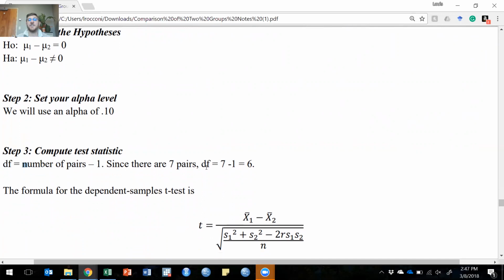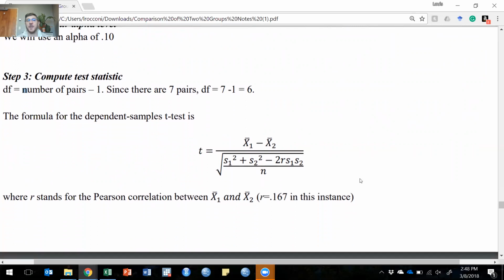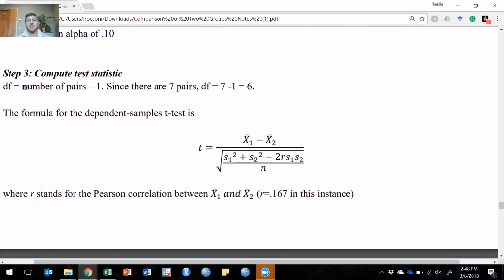You can see the formula for the dependent samples t-test, and I'll work it out by hand here in the notes. Then you'll see why we actually prefer to have the computer perform the test for us. But it's basically the difference between the means divided by the standard error, which is based on the standard deviations of the 2 groups.